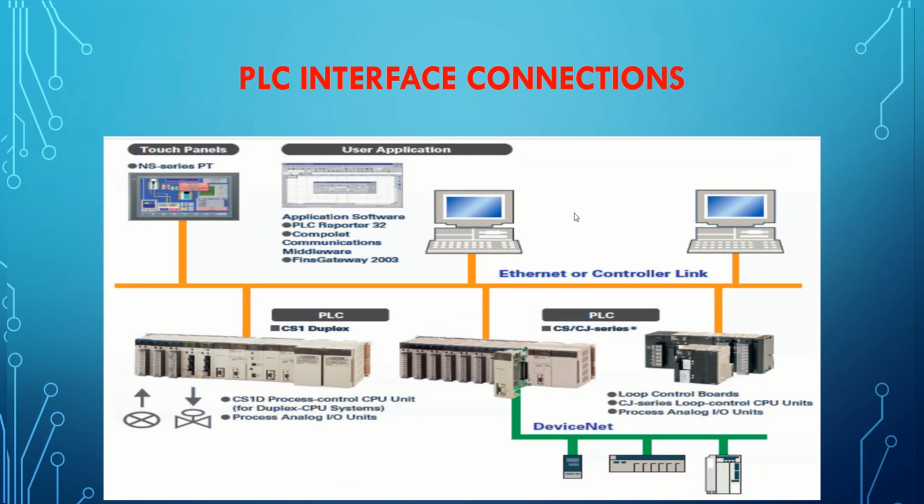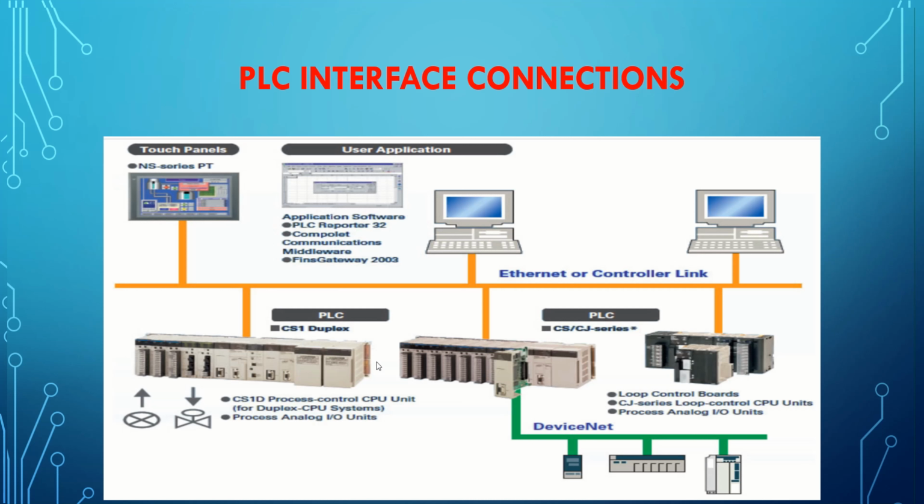Now, the PLC interface connections of different PLC in each system can be connected through the Ethernet or controller link. These yellow lines shown here are the Ethernet or the control link that connects the PLC through the PT-HMI and other programming and maintenance software.